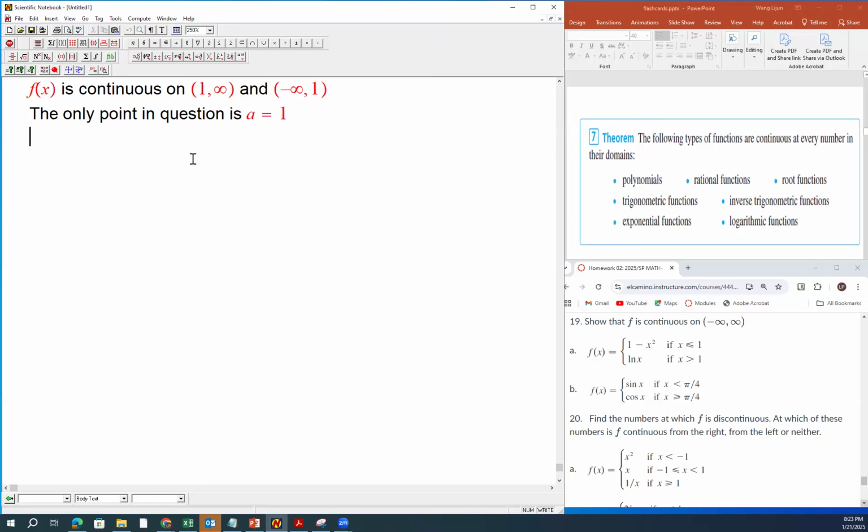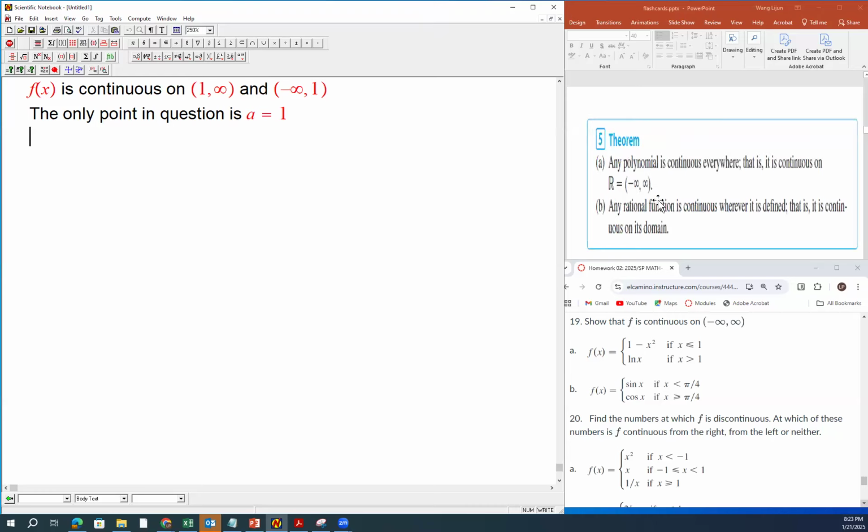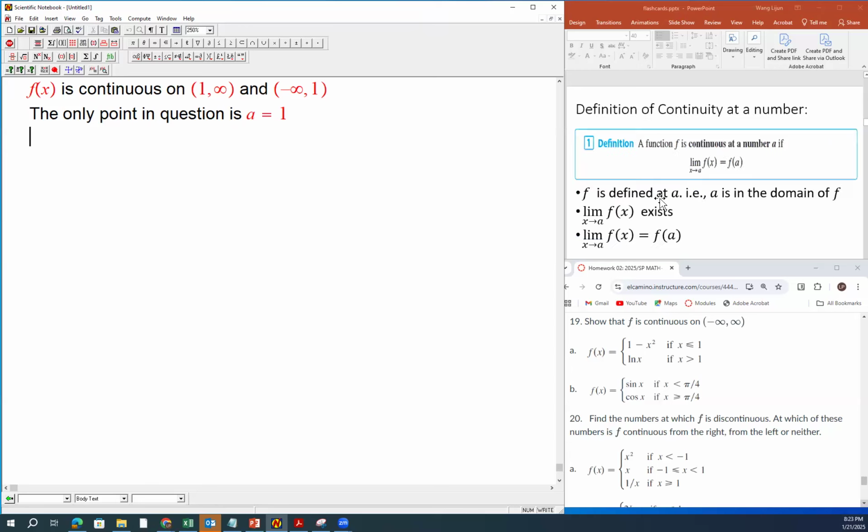So we're going to observe whether the function is continuous at 1. How do we prove a function is continuous? By the definition. We need to prove that the limit as x approaches 1 of f of x is equal to f of 1.